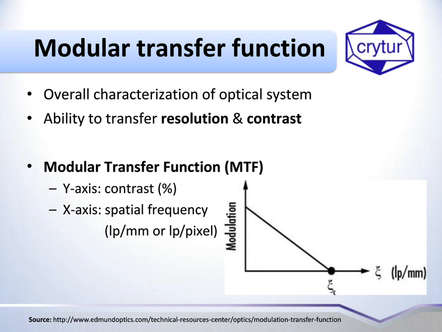If you use the so-called modulation transfer function, MTF, it's a graph where on the x-axis we have spatial frequency in line pairs per millimeter, and on the y-axis contrast in percent. We can actually say how good the system is. We are usually aiming at contrast of about 10%, which is somewhat sufficient to see the details in the image.